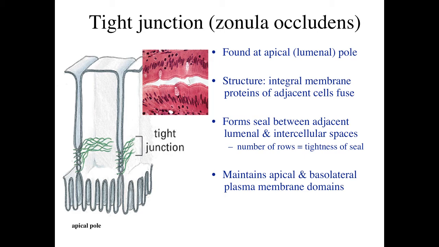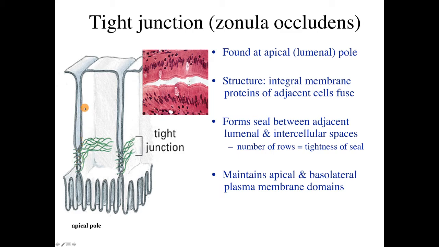Tight junctions maintain apical and basolateral plasma membrane domains. Remember that proteins can move freely in this lipid bilayer because this is essentially a two-dimensional fluid, and the proteins can float freely in this two-dimensional fluid, except that proteins in this apical domain cannot float past the tight junctions.